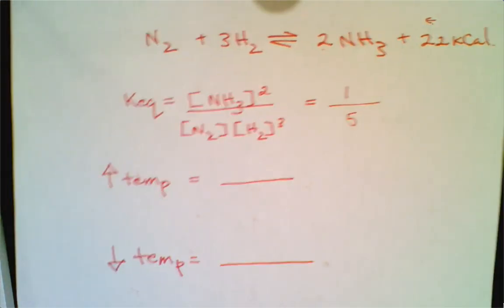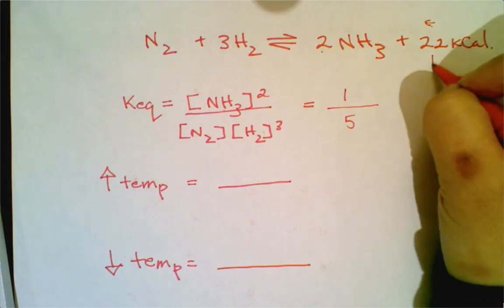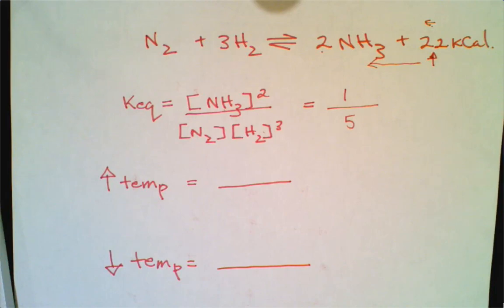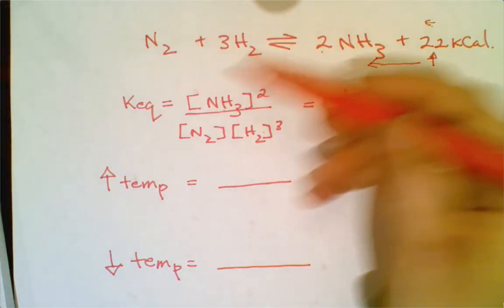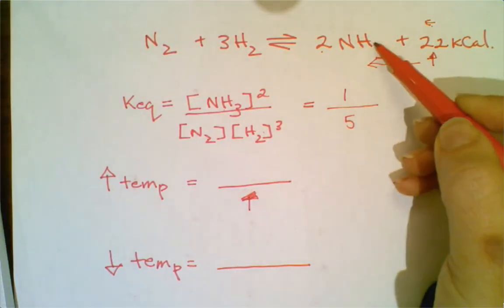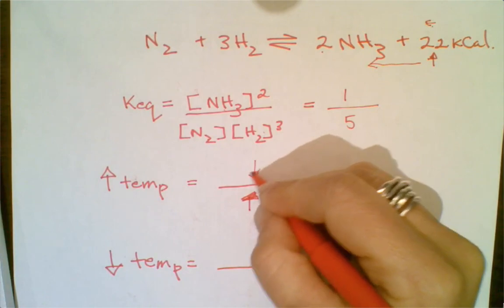Now, if we increase temperature, we are shifting the reaction towards the left. So that means we are making more reactant. So your numerator is going up in value, and this is going down in value.